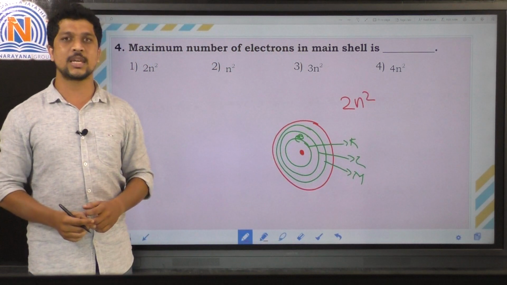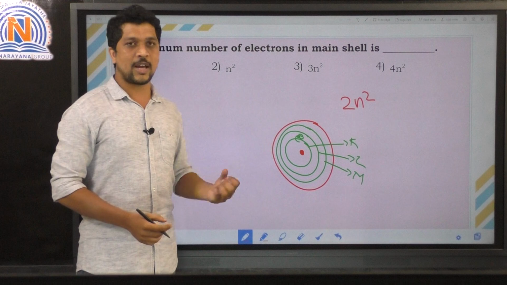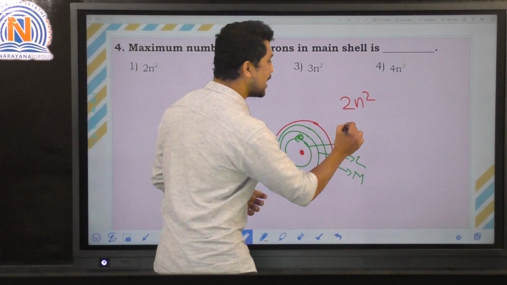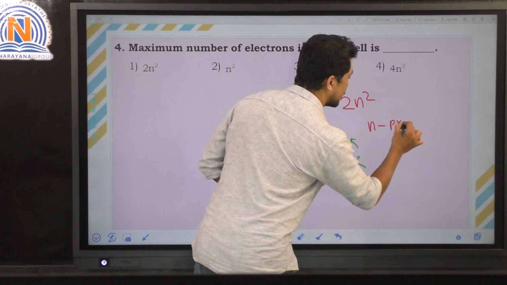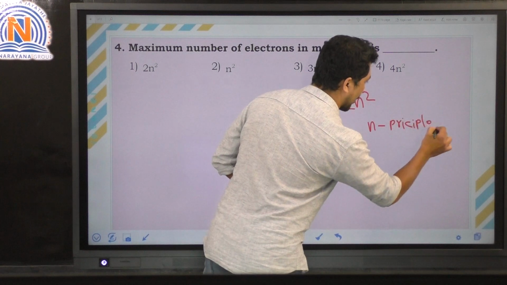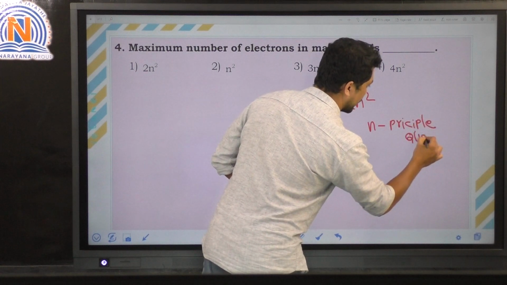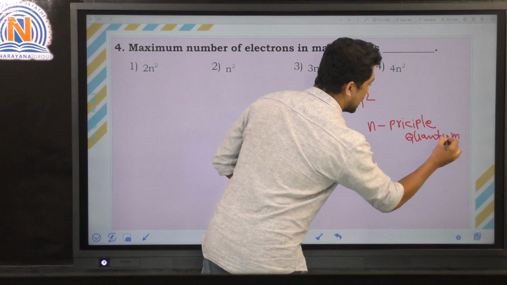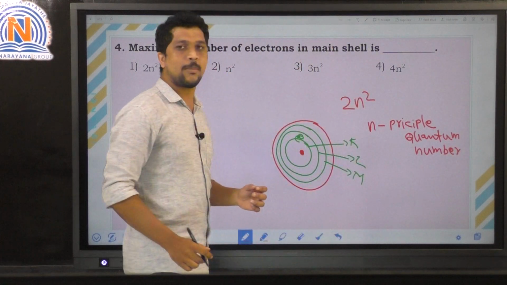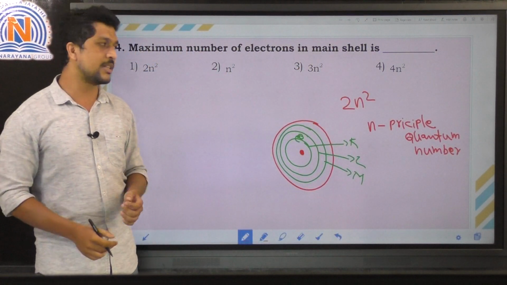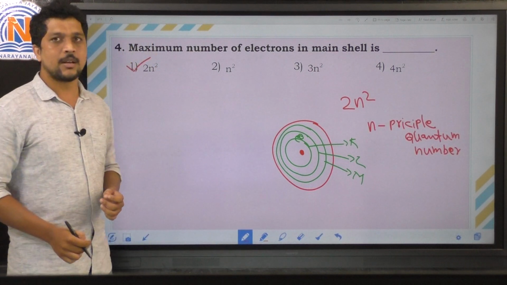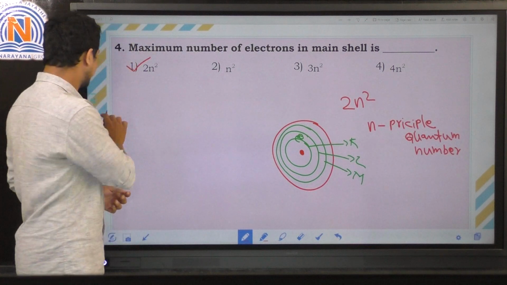By using this formula, we can find the maximum number of electrons present in the different shells. Here n is the principal quantum number, which represents the shell number. So the correct option is first option. Clear? Let's move on to the next question.